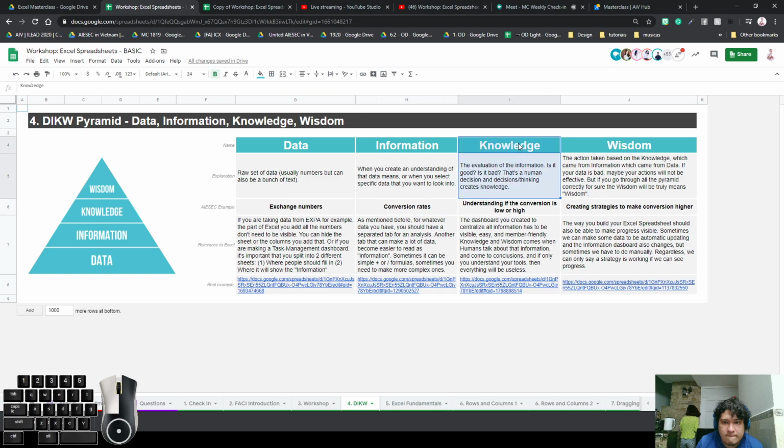Knowledge. Knowledge and wisdom are things that really depend on humans. Data and information is something you can make with formulas, but the difference between information and knowledge is your evaluation of that information. For example, if you're looking at the conversion rates, you want to know if they're high or low, and only a human can decide that.